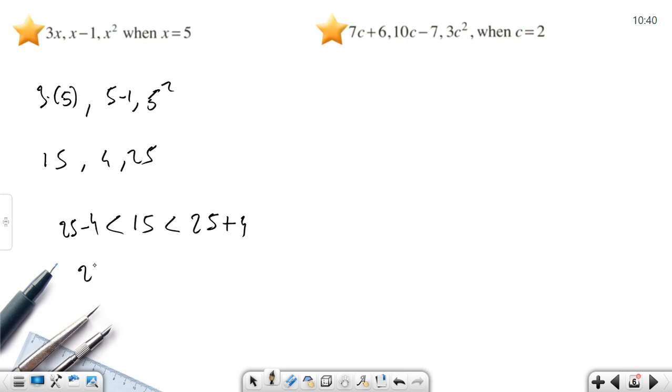So 25 minus 4 is 21. I can use absolute value, but it doesn't make a change because it's positive. So 21 is less than 15, is less than 29. Is that statement true? No. 21 is not less than 15, so these cannot form a triangle.